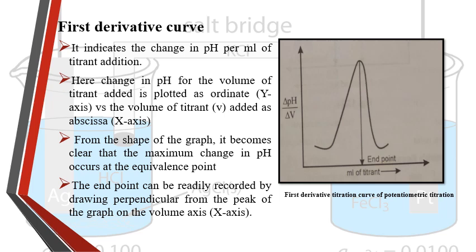The point where the first derivative reaches a maximum or minimum corresponds to the equivalence point of the titration, indicating the amount of titrant needed to completely react with the analyte. In potentiometric analysis, the first derivative curve can also be useful for calibration purposes.